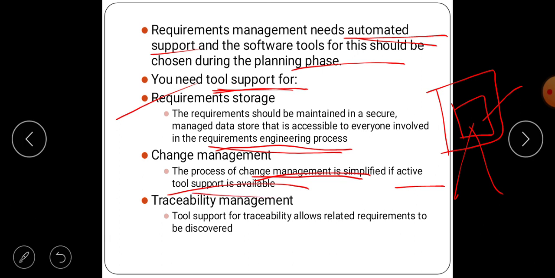Using a tool we can simplify the change management. Okay, traceability management: tool support for traceability allows related requirements to be discovered. Means here also, for traceability management, if a tool is available, it is very easy.